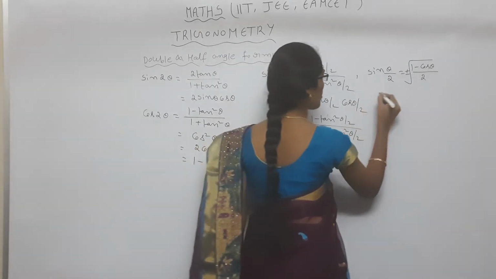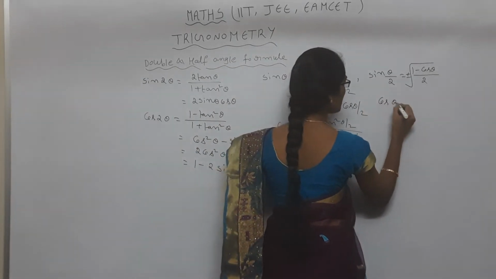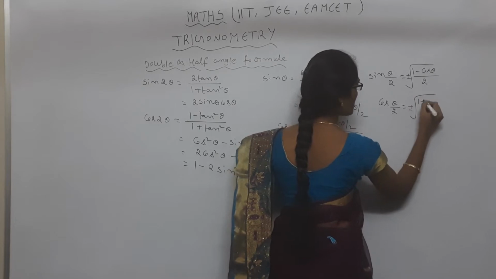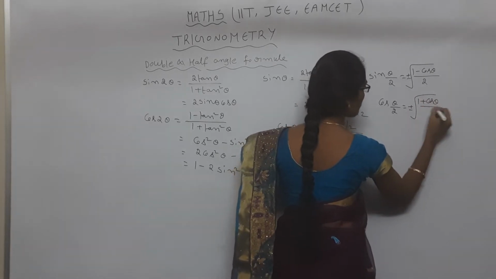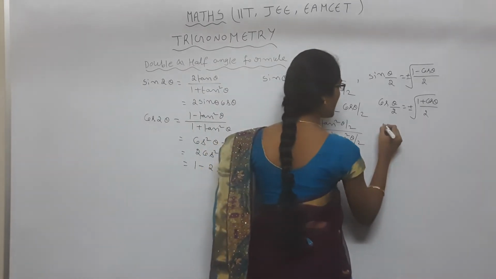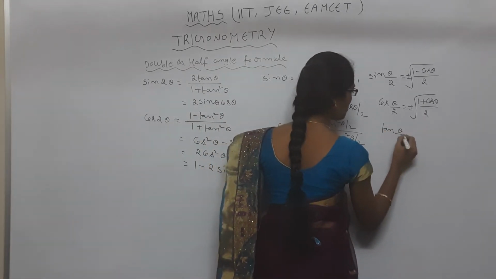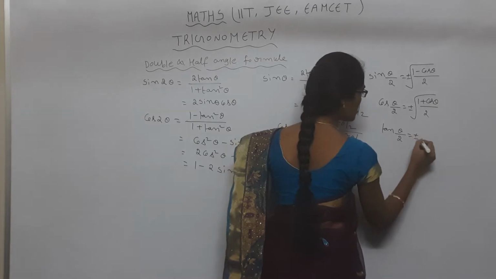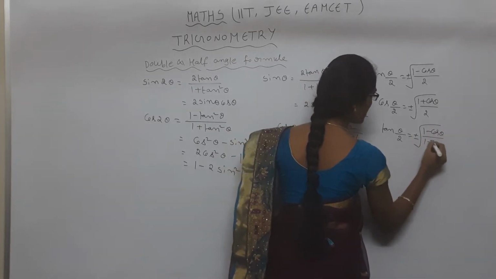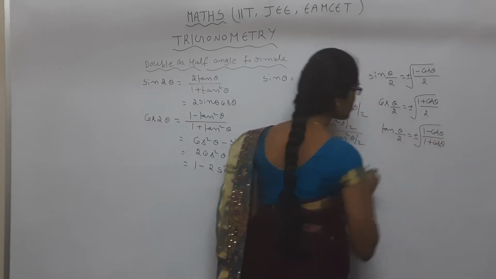Cos theta by 2 is equal to plus or minus the square root of 1 plus cos theta by 2. Similarly, tan theta by 2 is equal to plus or minus the square root of 1 minus cos theta by 1 plus cos theta.